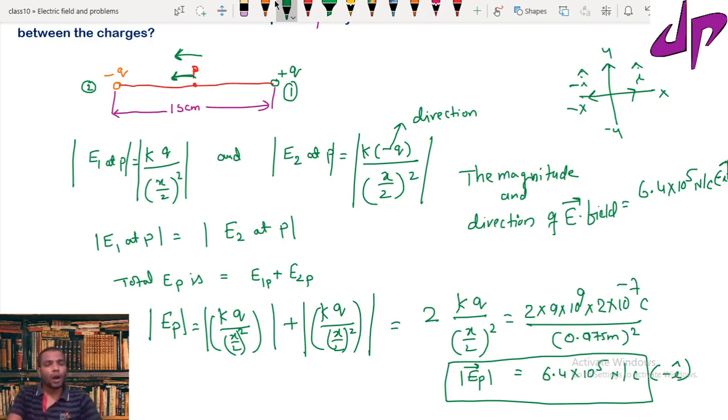So how would we know the direction? To know the direction at that point, we need to bring a positive test charge. That positive test charge shows the resultant electric field direction.